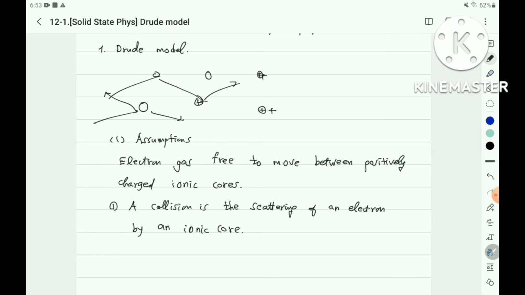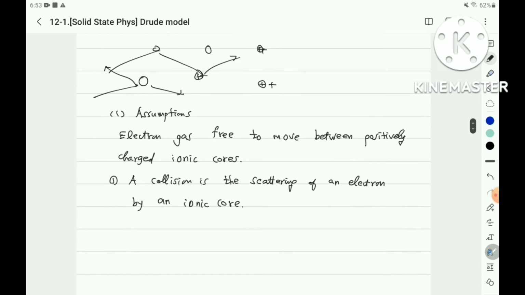cores. Basically, the electron is minus but the ion core is plus, and plus and minus attract each other. But there are so many ions and so many electrons, and the interaction is very weak.